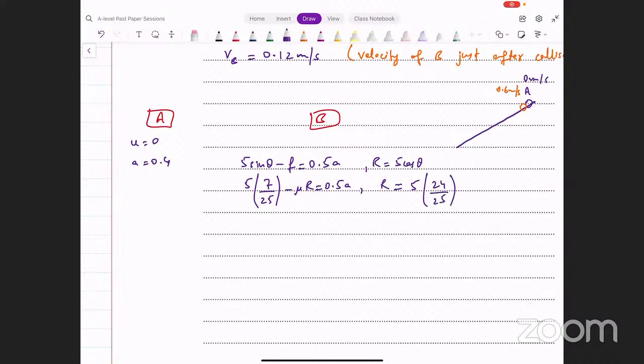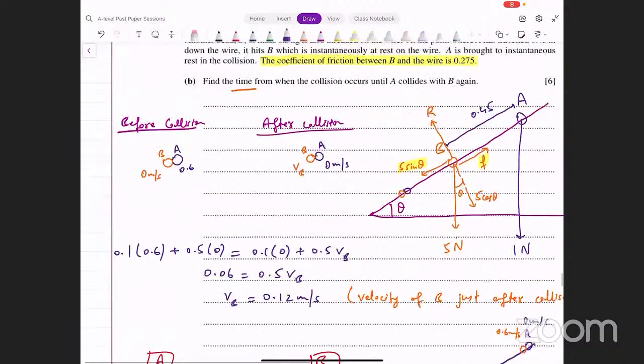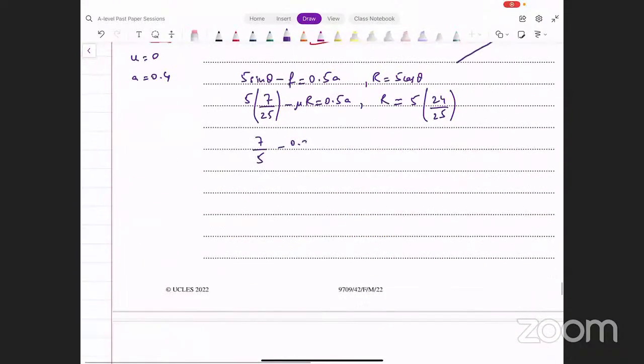Okay, अब इसमें इनपुट कर दें। We have 7/5 here minus mu की वैल्यू इसने बताई है 0.275 into r is 24/5.